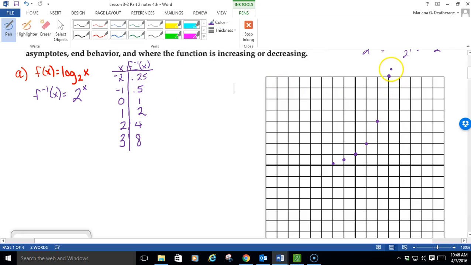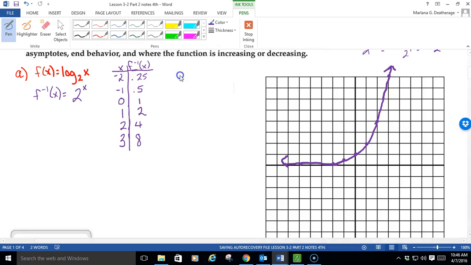And I'm still having trouble drawing on this thing, so you may have to imagine that this is just a really nice graph. Oh, it's not bad compared to some of the others I've done. Alright, so does that look familiar? Do you remember that exponential growth function?